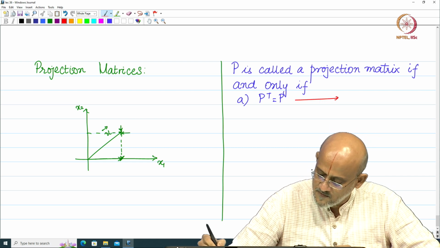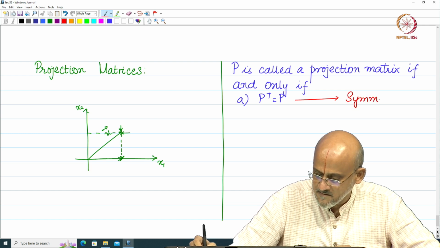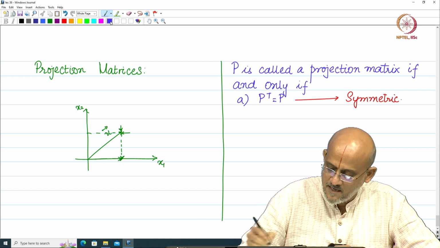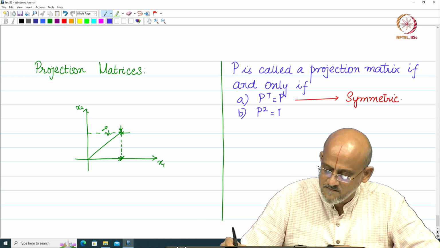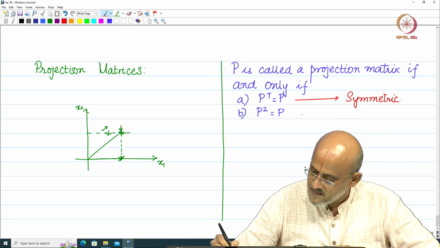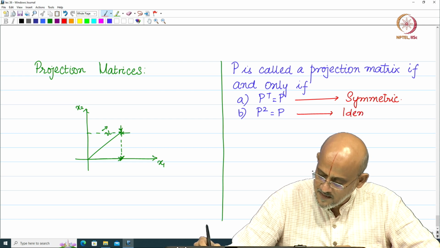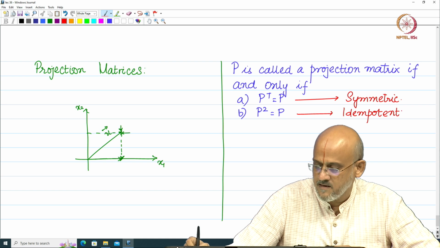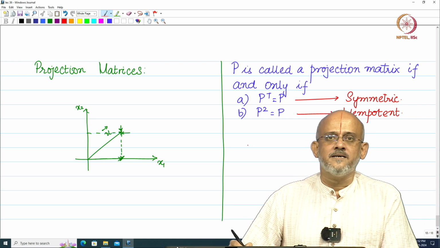P transpose equal to P implies that P is a symmetric matrix. The second part is P squared is equal to P, and this property we call the idempotent property of the projection matrices.